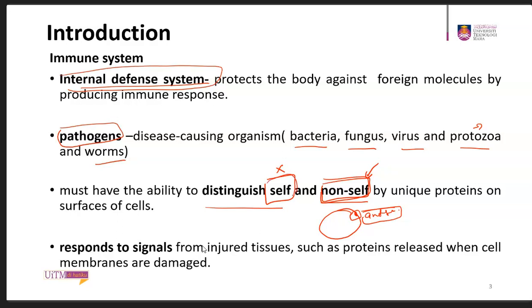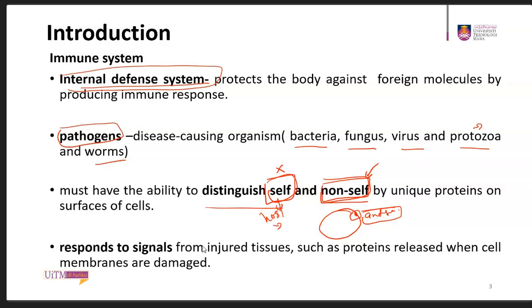Self antigens are antigens of your body, of the host. If your immune cell attacks your self antigen, this will lead to the disease we call autoimmune disease.